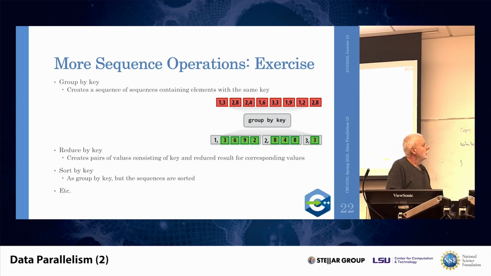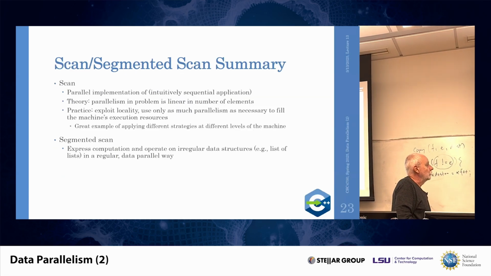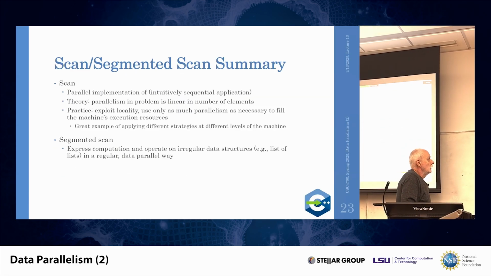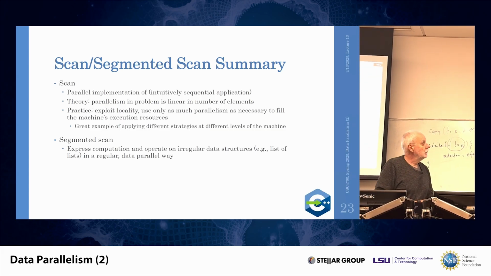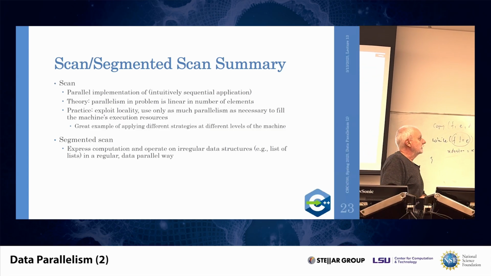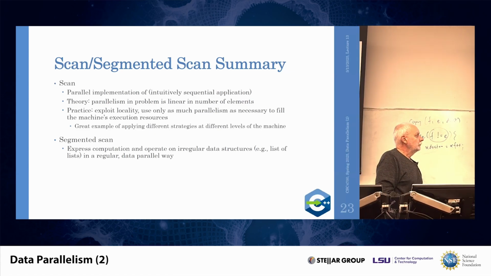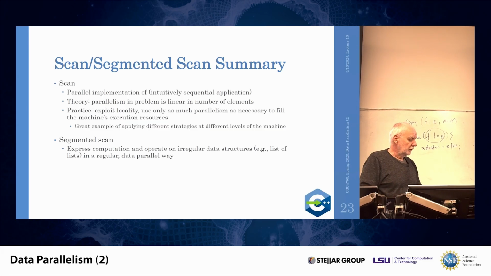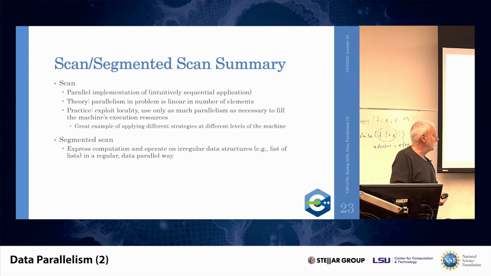Okay. So just to sum it up, we talked about scan mostly. The parallel scan implementation is intuitively sequential, but we can find parallelism and we can implement it in a parallel way. And we know that the complexity of that parallel operation is linear. We showed that it's linear, which is good.